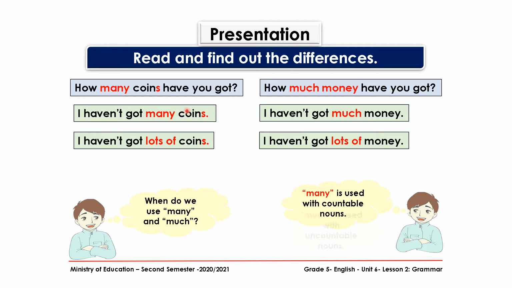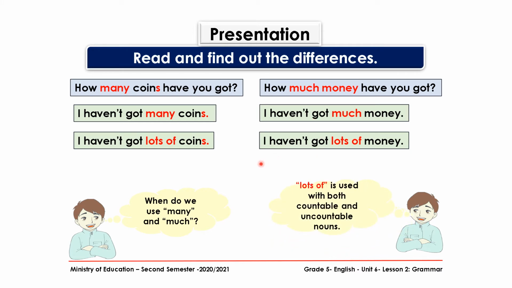You can notice here that we use much with uncountable nouns. So we have here money, or we can say how much time. And in order to answer this question, we may use much or lots of.